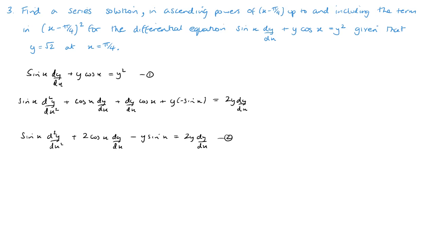So first things first, y is root 2 when x is pi by 4. So we get sine of pi by 4 dy by dx plus root 2 cos of pi by 4 equals root 2 squared.